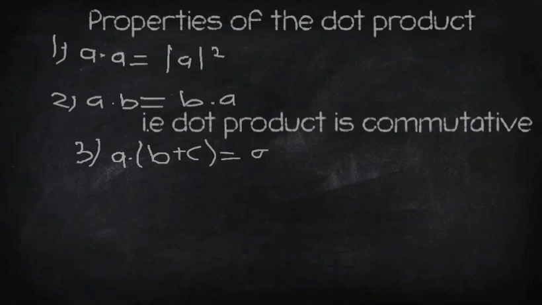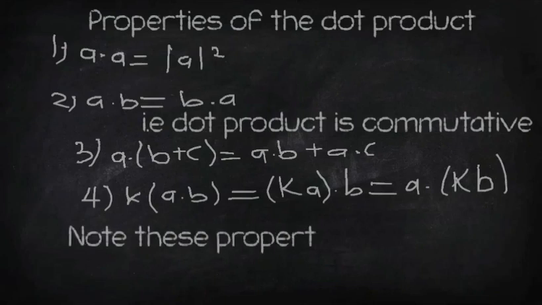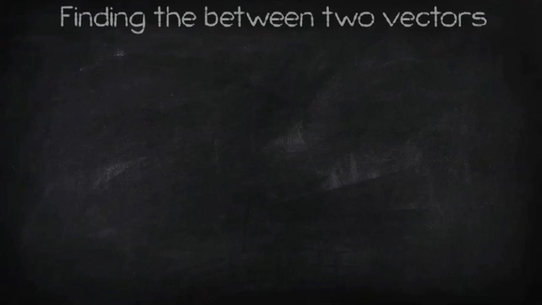Also, the third one is a dot (b plus c) is equal to a dot b plus a dot c. Now we are multiplying by a scalar. A scalar k multiplying a dot b should be equal to ka dot b, which is equal to a dot kb. You understand? So finding the angle.